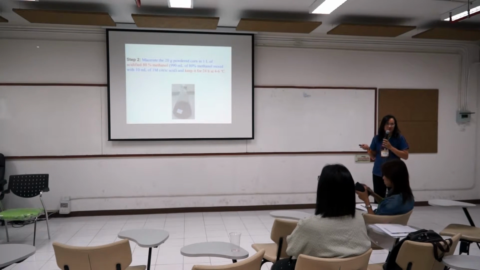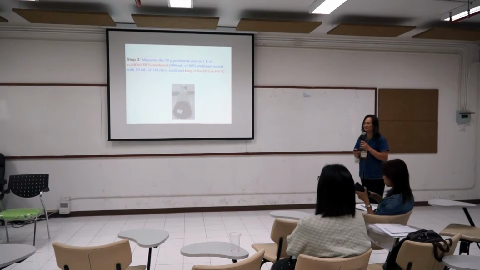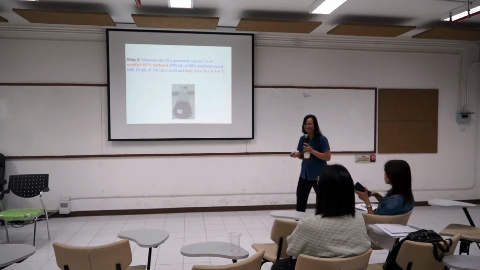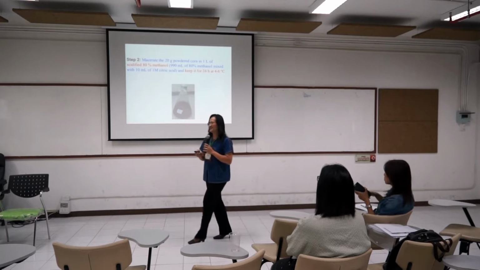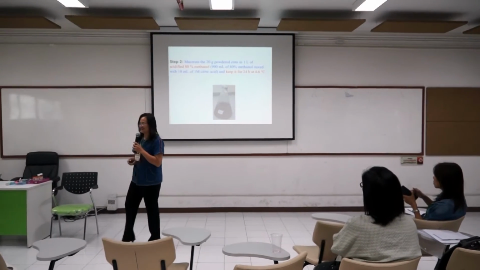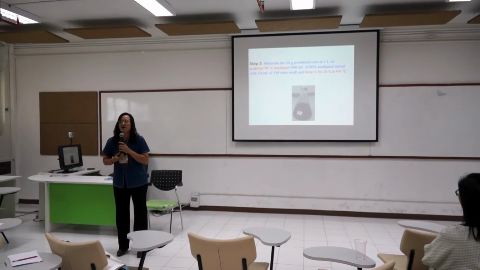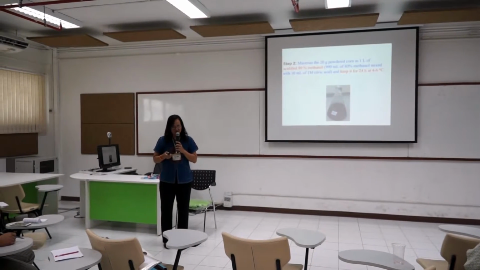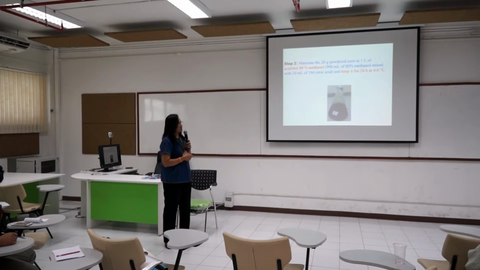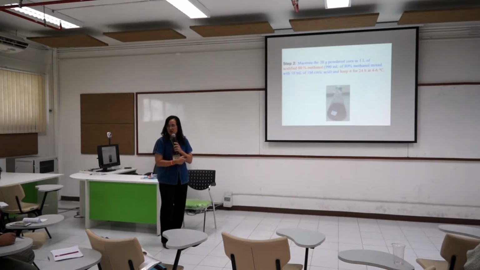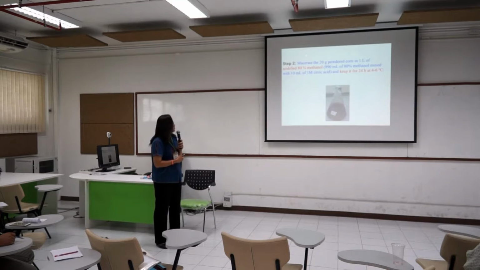Why acidify? What does acidify mean? Did you know? Okay, acid. Good. Then why do we use 80% methanol? I can use 60%, yes, but this is the condition to get the best anthocyanin.